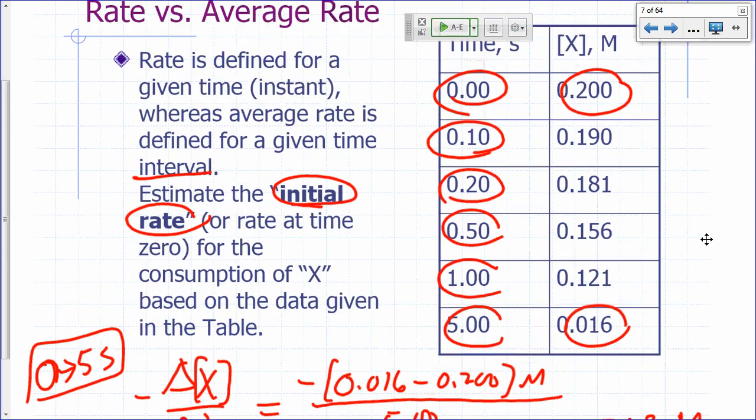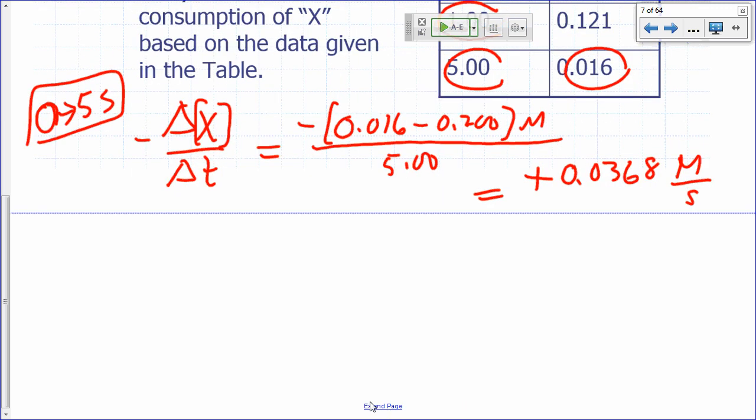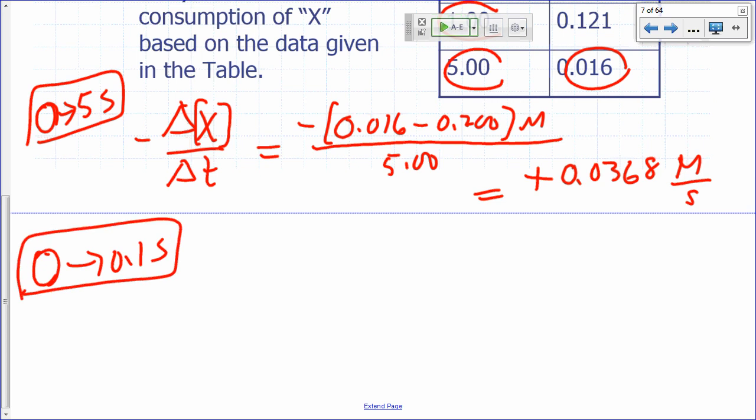What's the average rate from 0 to 0.1 seconds? You think it's going to be faster?